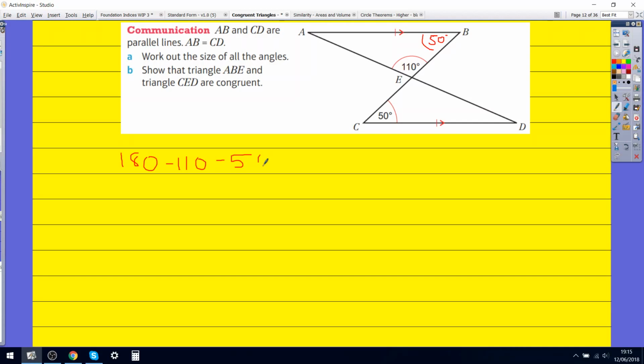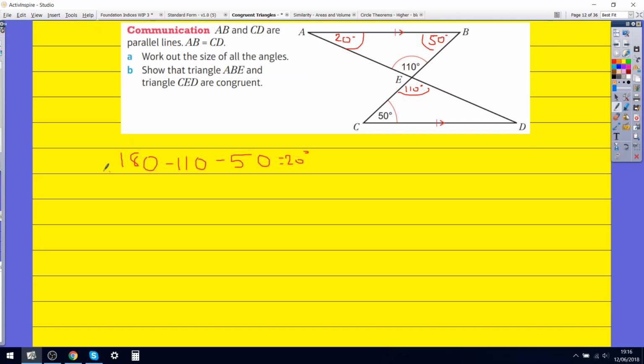So those two are vertically opposite. CDE would be 20 degrees because of the alternate angle rule. And alternate angles are equal.